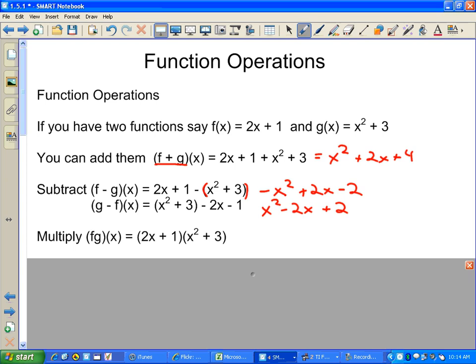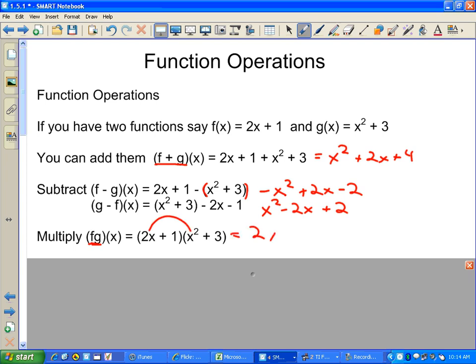You can multiply, so here's the notation for that: f times g of x. Make sure when you multiply you put parentheses around each function, because now we're going to have to distribute this out.